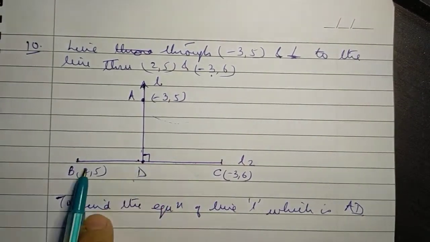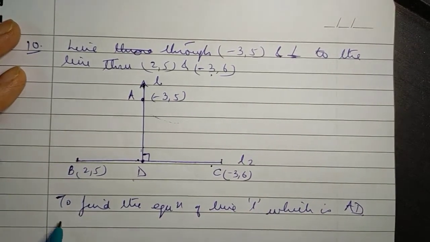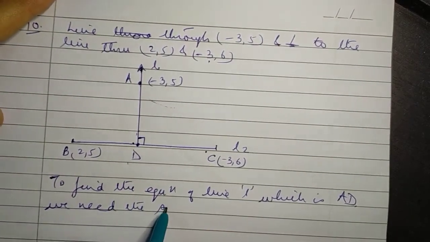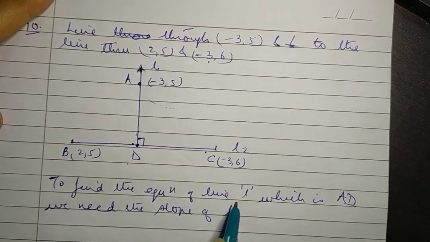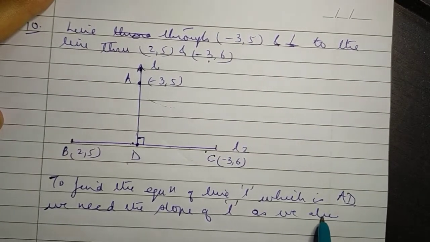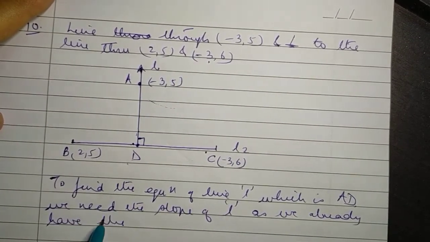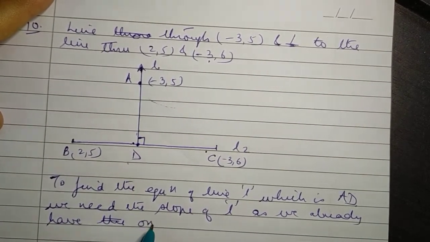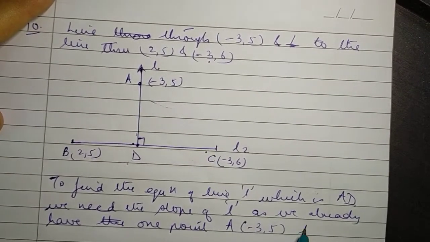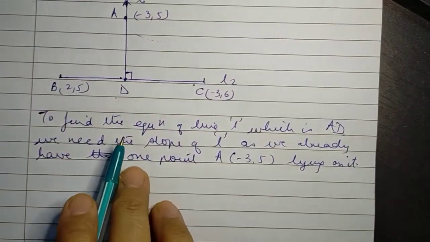Okay, now we already know a point through which the line passes. The only thing required is to find the slope. So we need the slope of L, as we already have one point A minus 3, 5 lying on it.